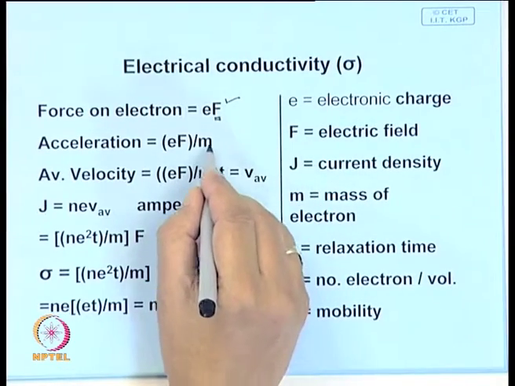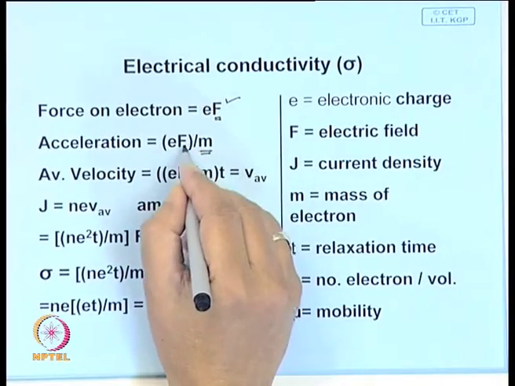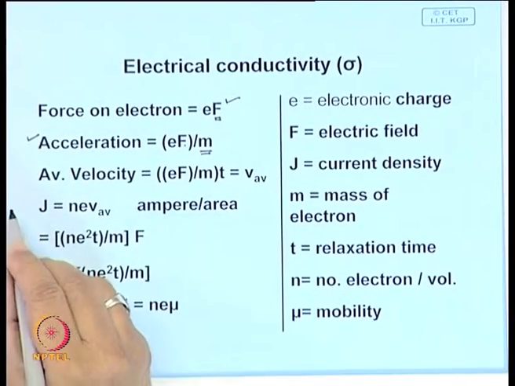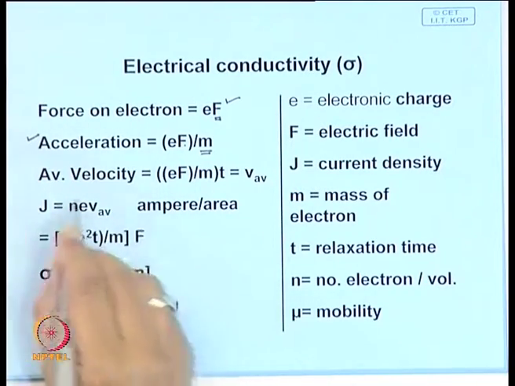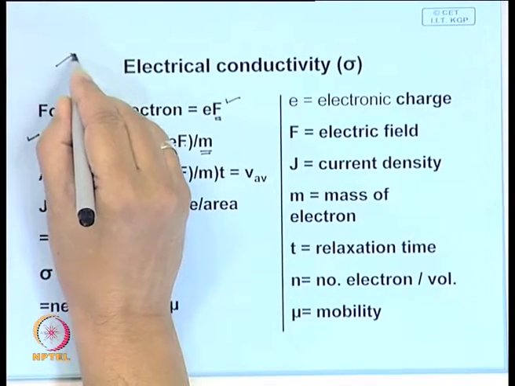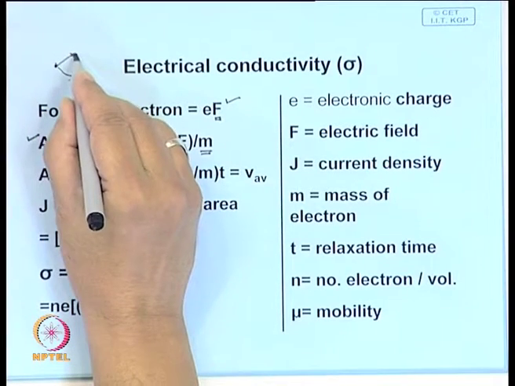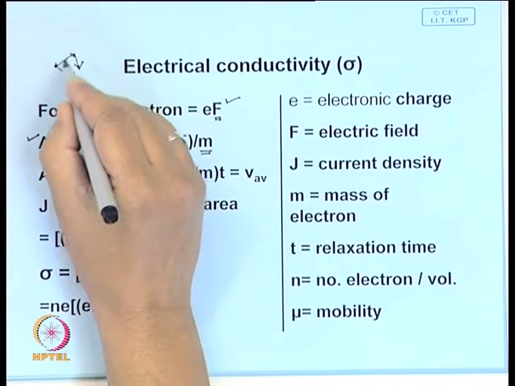Now, we know the mass of the electron is m. So, if you divide this force by mass, you get acceleration. Now, to calculate the average velocity, imagine these electrons moving in all directions until they meet an obstacle and the direction changes.